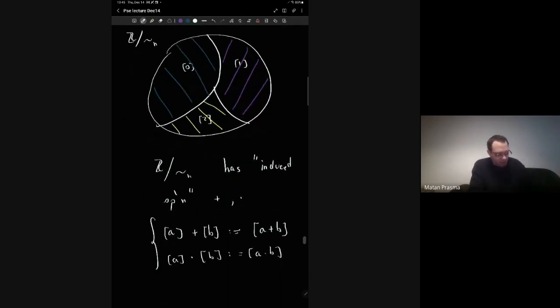When I define this operation on equivalence classes, what I really need to check is that this is a well-defined function, a well-defined operation.